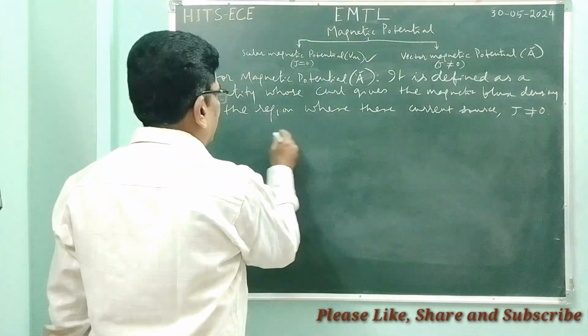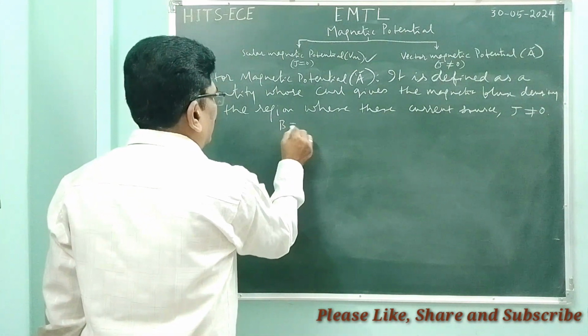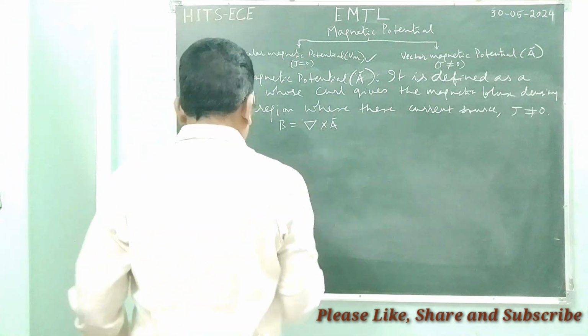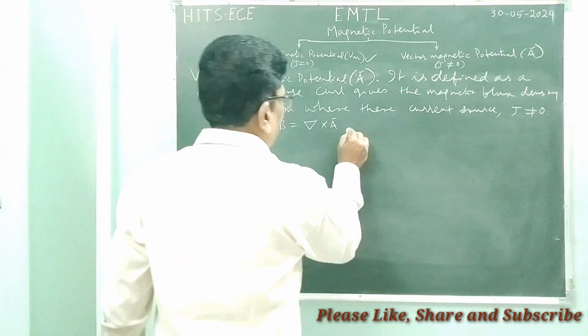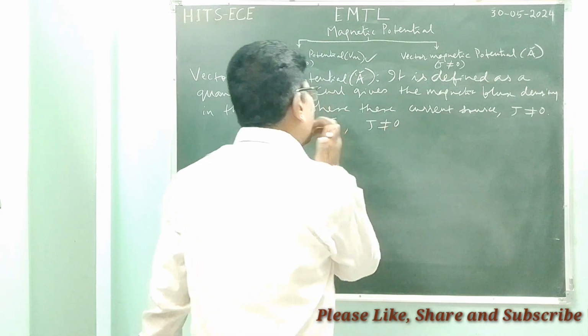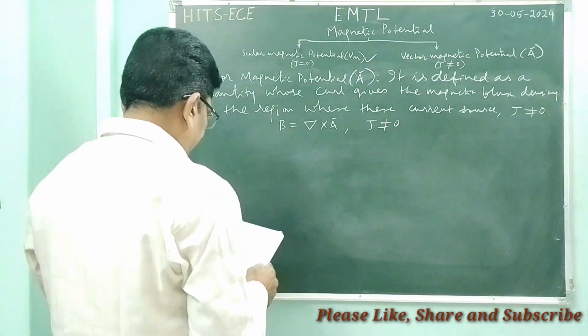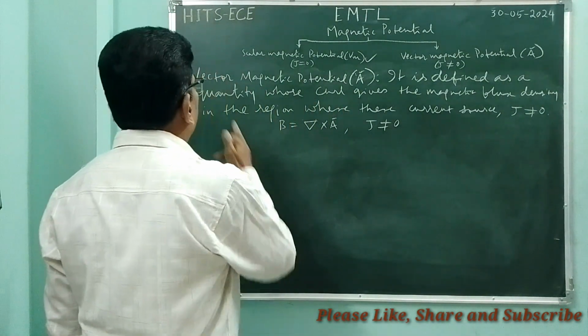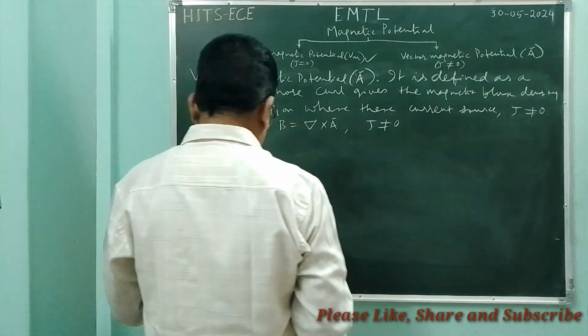As per this statement, B is equal to curl of A, and J not equal to 0 is the condition. That is, in the region the current source should be there, where A is the vector magnetic potential.